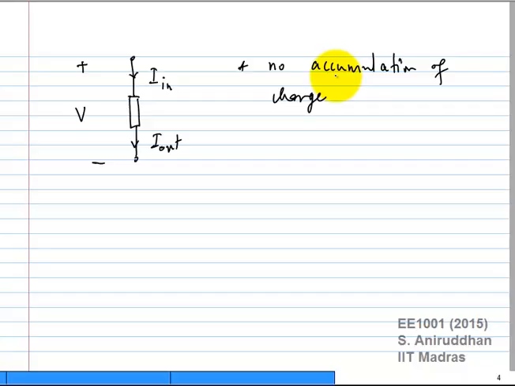If we say there is no accumulation of charge, the current going into the system has to be equal to the current coming out of the system, right? Obviously charge is conserved and there is no accumulation of charge. So the current going in has to be equal to the current coming out. So we'll just call this current I.